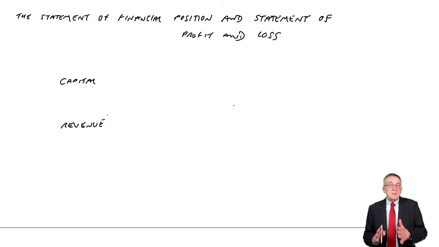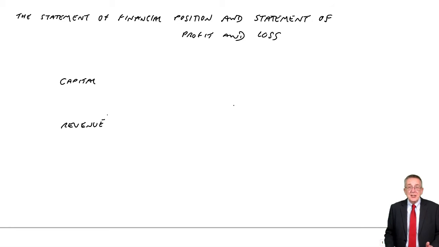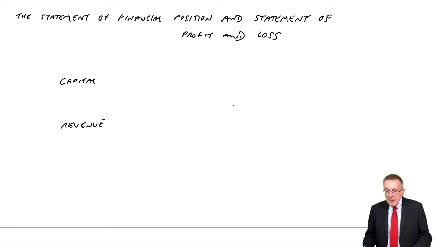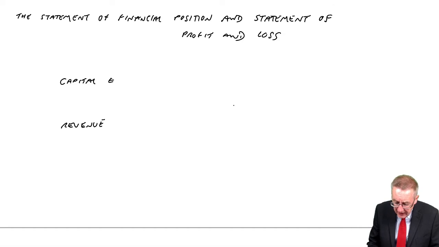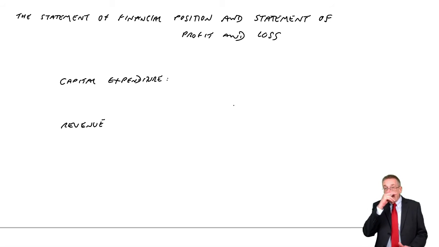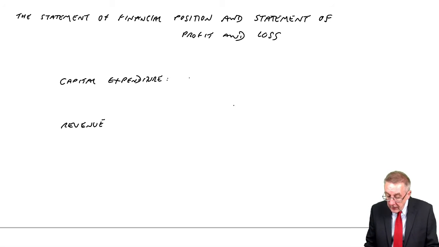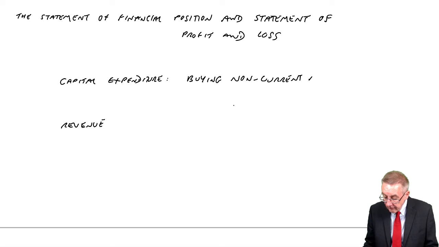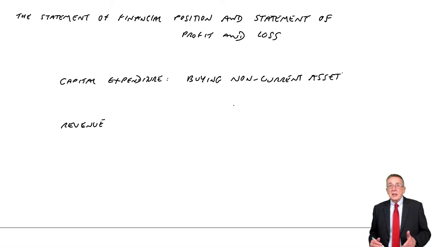Now, they're both expenditure. Expenditure is spending money. But we call it capital expenditure when we're buying a non-current asset. A car, a shop.